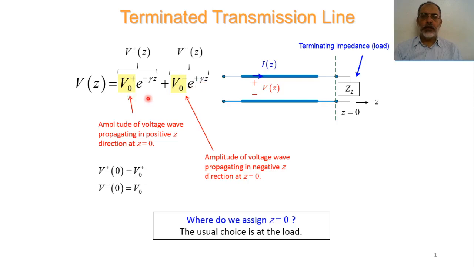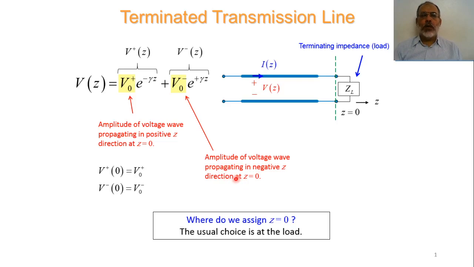The first term represents the forward propagating function, and the second term the backward propagating function. Here V naught plus is the complex amplitude of the voltage propagating in the positive z direction, and this complex amplitude has amplitude and phase. Similarly, V naught minus is the amplitude of the voltage wave propagating in the negative z direction.